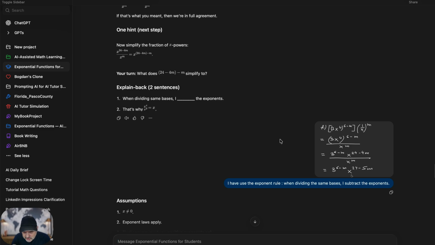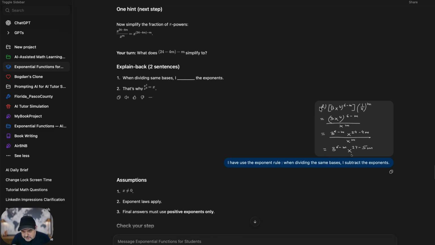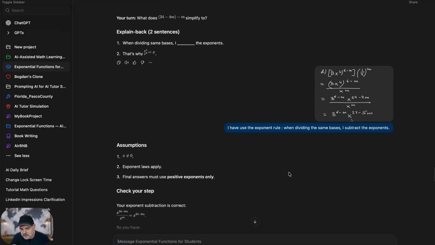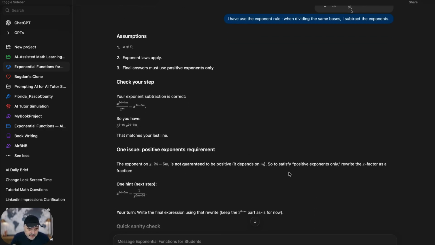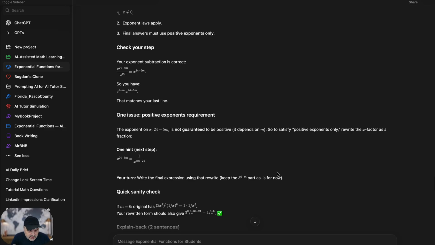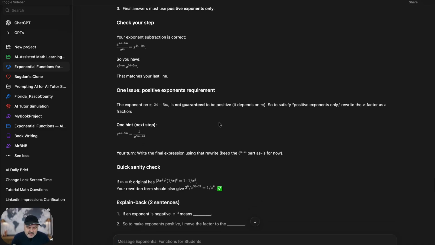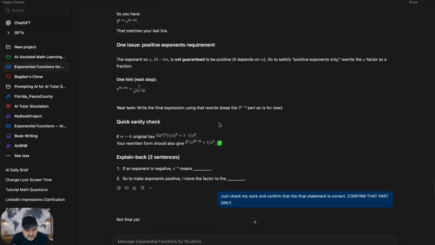I'm sharing, in the end, my work right here on the screen, and I say I have used the exponent rule. When dividing the same bases, I subtract the exponents, so therefore this is my answer. The AI comes back with one issue: it highlights positive exponent requirements, because I said in the very beginning of the conversation that we will be using positive exponents, but the machine understood this in a different way.